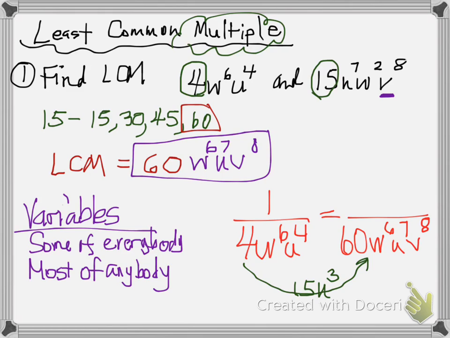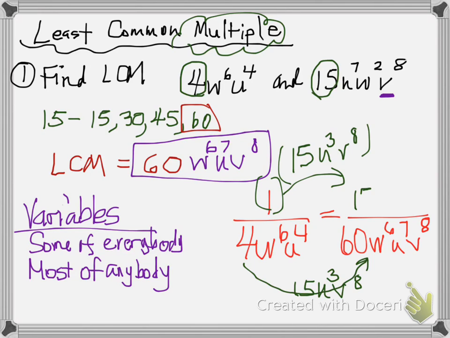And I don't have any v's to start off with, but I ended up with a v to the 8th. So I have to multiply by v to the 8th. That would be my multiplier. And whatever I do to the denominator of a fraction, I have to do to the numerator. And so I'd multiply those, and my new fraction would be this. These are polynomial fractions, a little different than regular fractions, but it's the same thing. So that's where we're going.